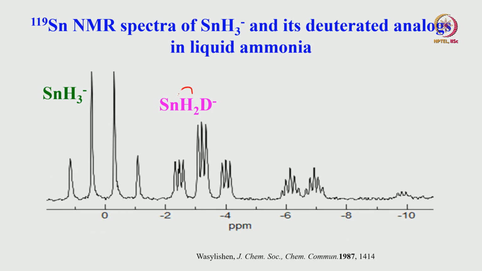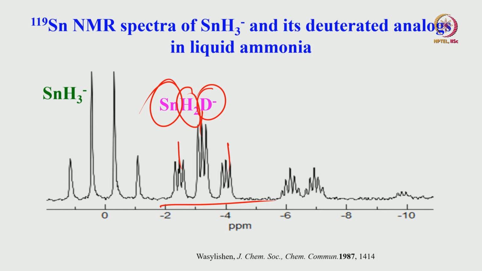Remember, these 2 protons split this into a triplet. It is a triplet here, center to center, a 1:2:1 triplet. And each line of this triplet is split by deuterium, which is spin 1, into 3 lines of equal intensity. This is what you got. I would clearly say this can be assigned to SnH2D minus.